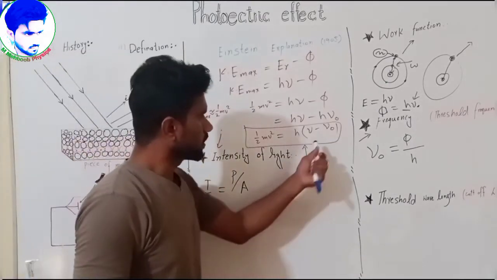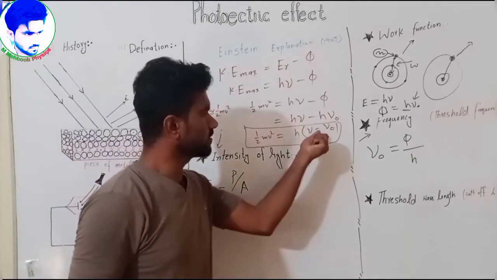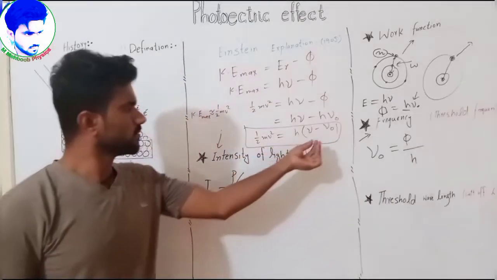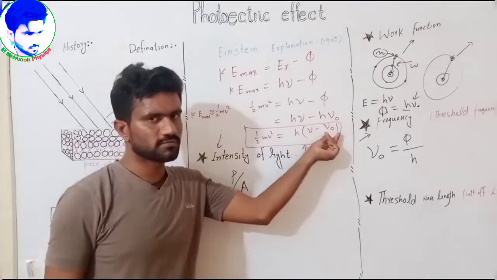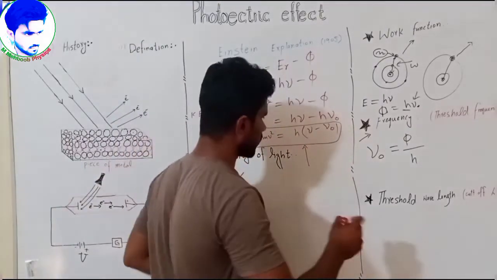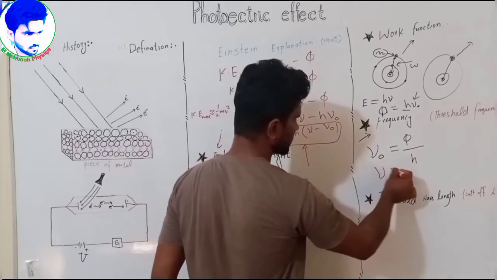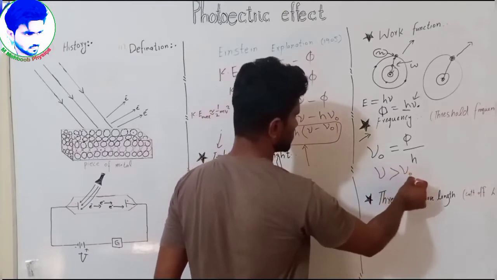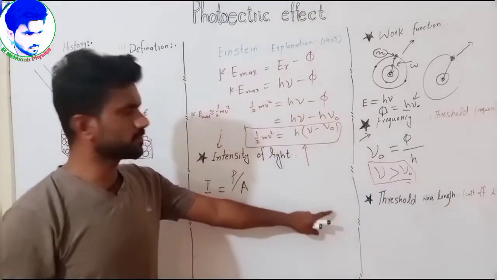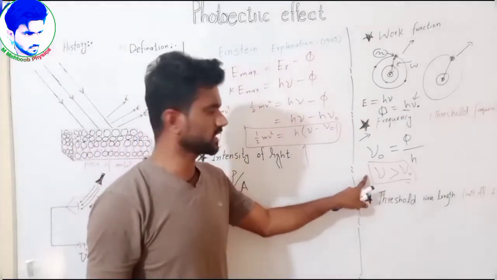Now, the frequency of the incident light must be greater than the value of the threshold frequency. The value of nu must always be greater than the threshold value. In this way, we can perform the phenomenon of the photoelectric effect.